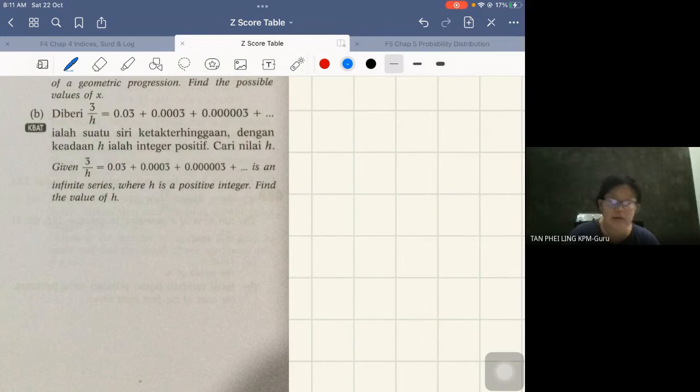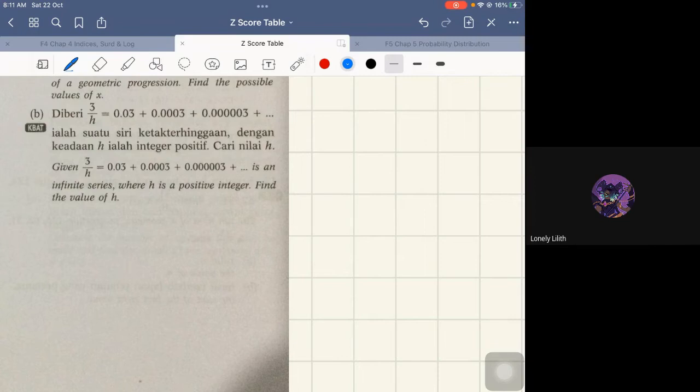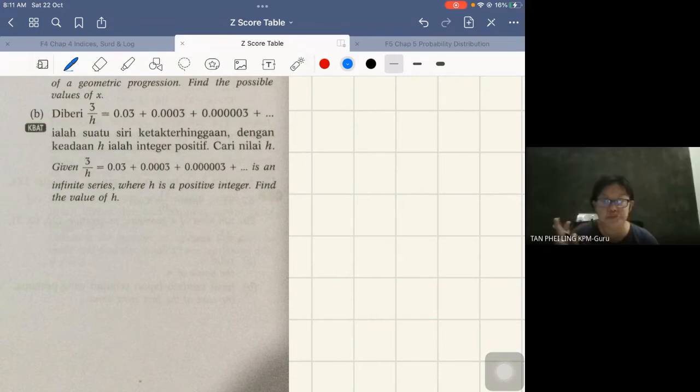But then here they tell you that it's 3 over h. So you have to times 3. The question is not wrong. The question is trying to trick you that they want 3 over h and not 1 over 33. So in order to make 1 become 3, you times 3. So the h also you times 3, and the 33 also you times 3. So it becomes 99.